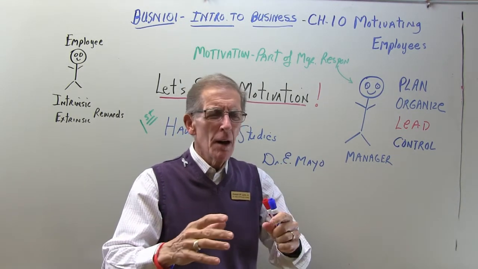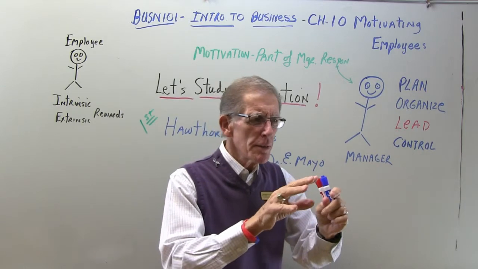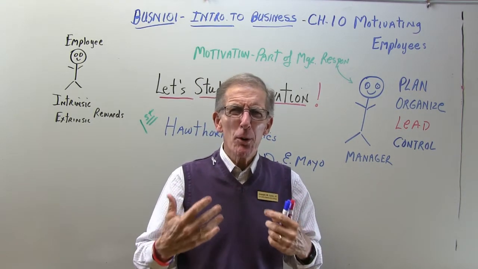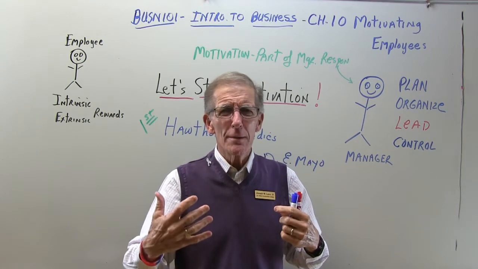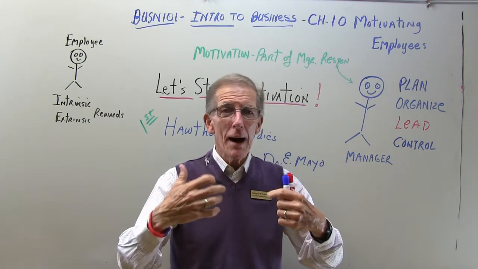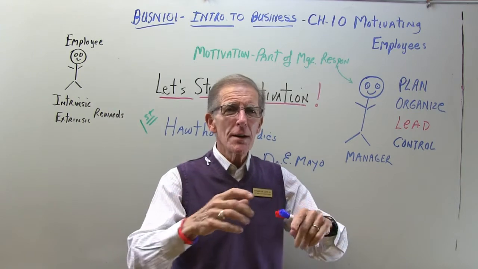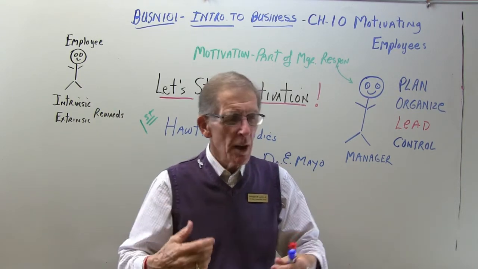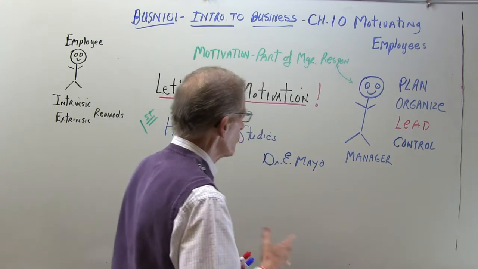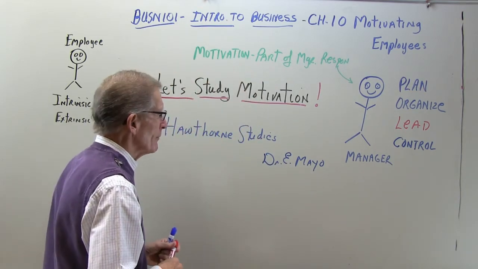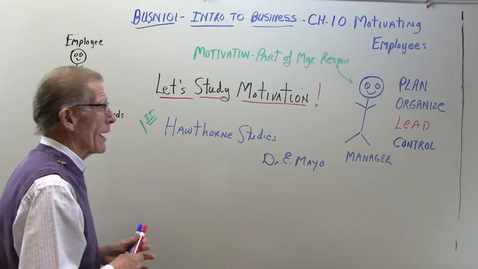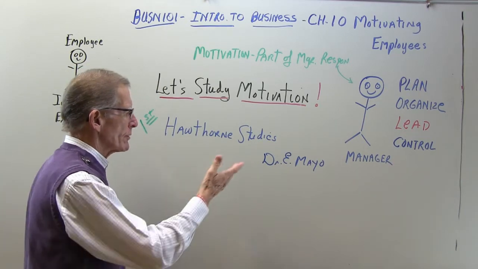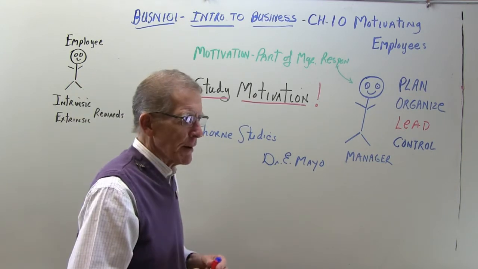But you're looking at the job, you're not looking at the person. Let's look at the person. Let's see what we can, let's look inside, behavioral sciences. Instead of looking at the job, let's look at the person and see what we can find out about motivation. So they did a series of studies, and they did it at the Hawthorne Electric Plant. So that's the name, the Hawthorne Studies, under the direction of Dr. Elton Mayo.